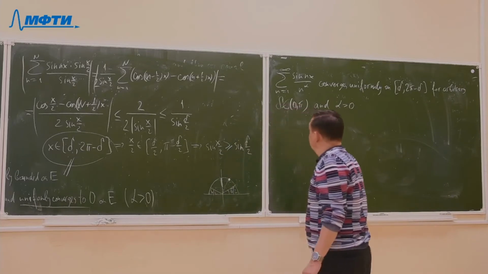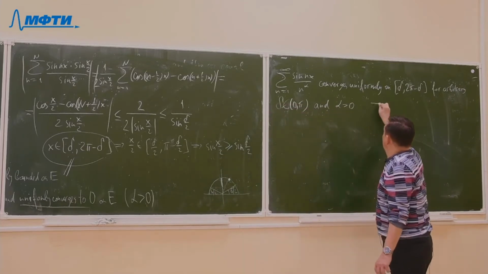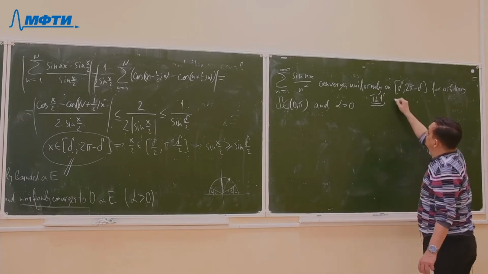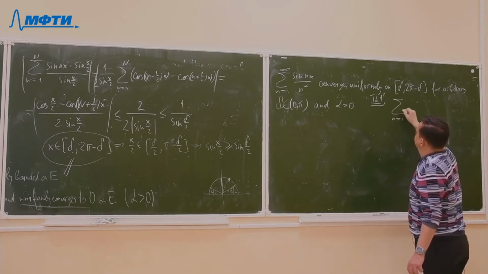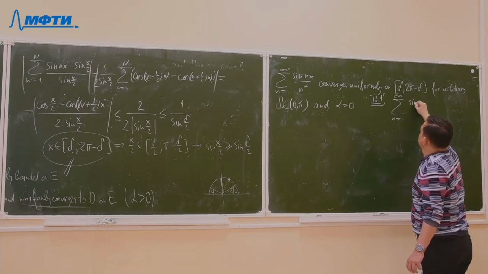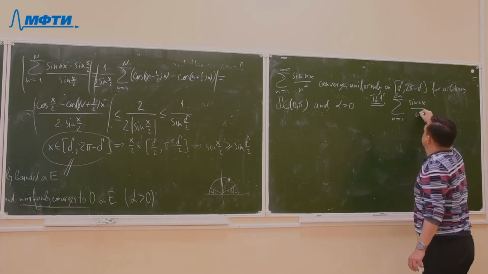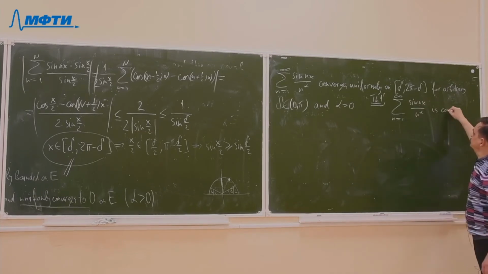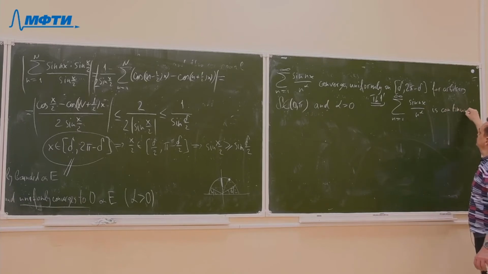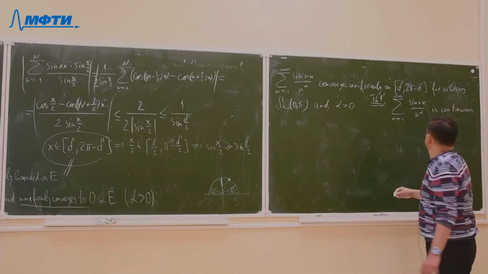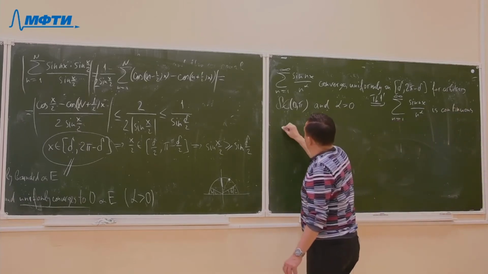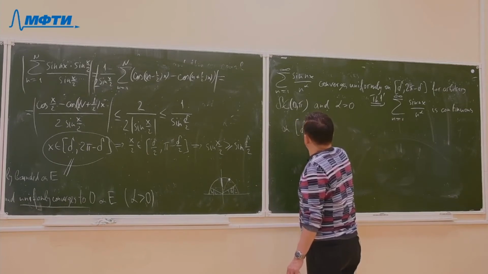And applying now theorem 1 prime, we obtain that the sum is a continuous function on delta to 2 pi minus delta.